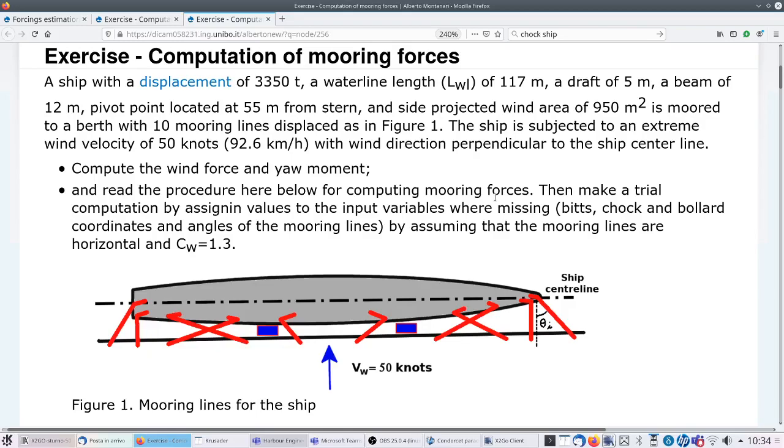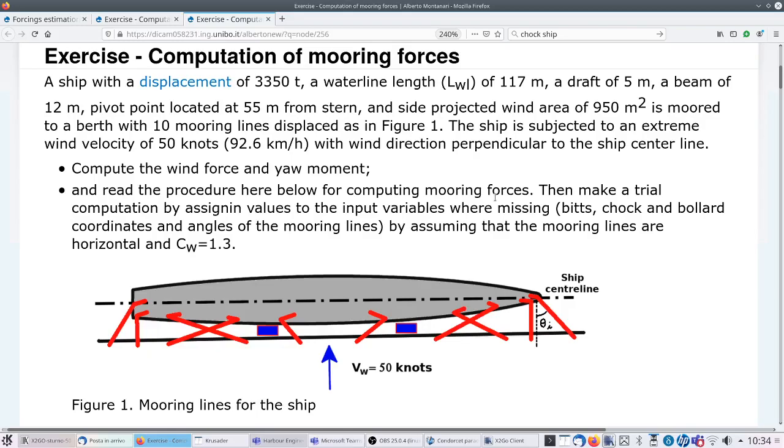For instance, the ship may take on ballast to reduce the windage area, or may decide to unberth in order to better manage the forcing. In any case, it is reasonable. In some extreme cases, you may ask to consider such a wind velocity. But you understand, it's about 90 kilometers per hour.